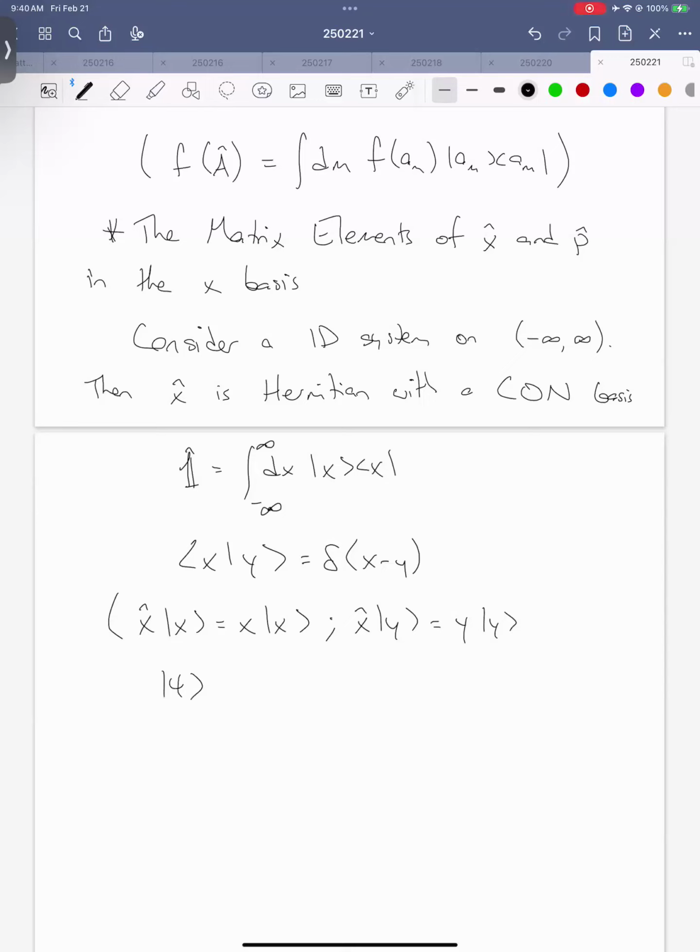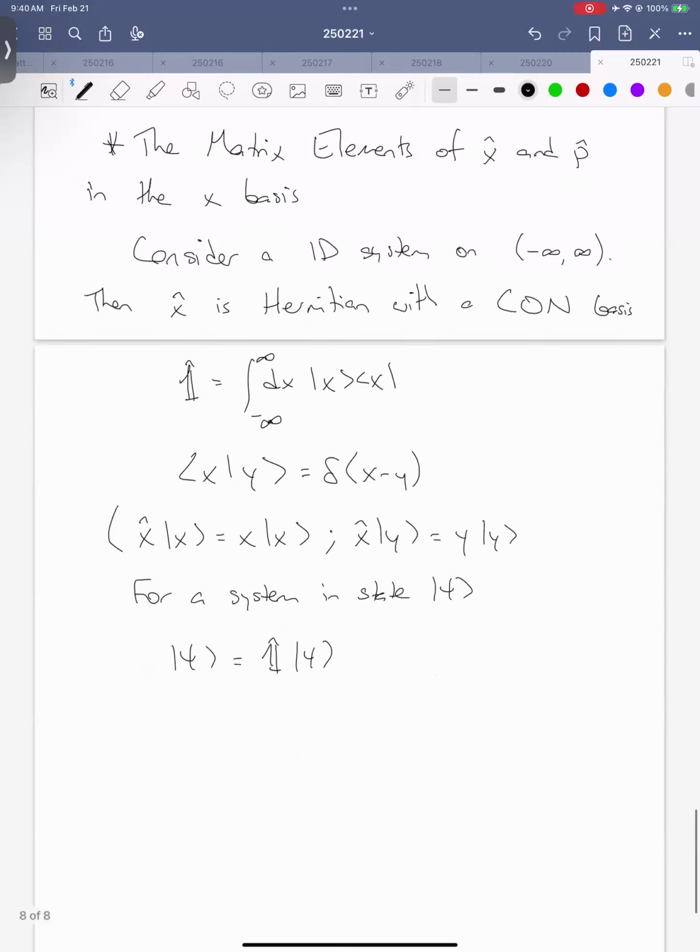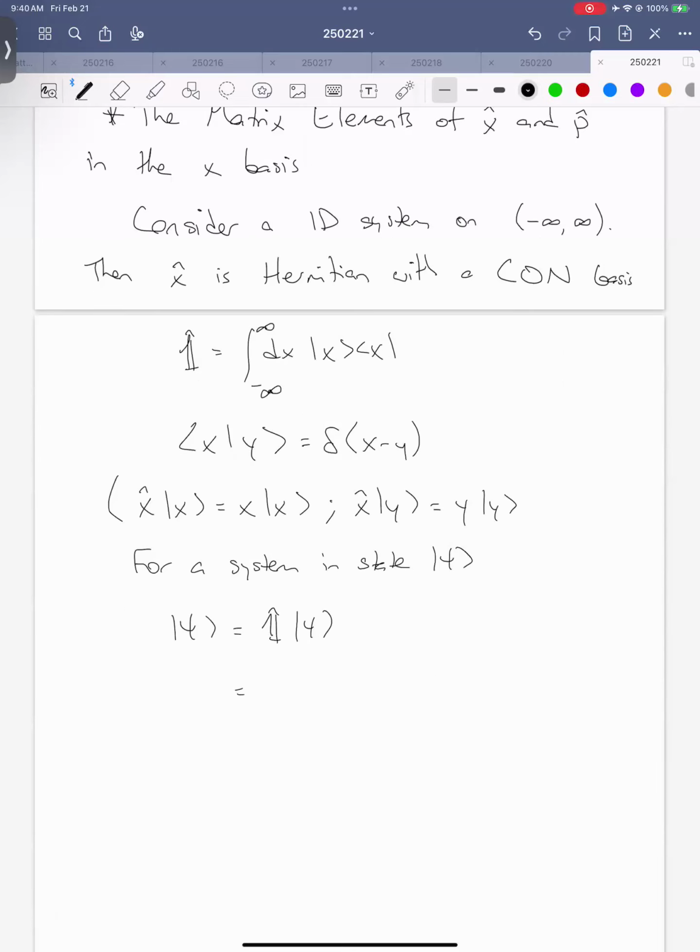So if I have a state psi, then we can always multiply by 1, or act with the 1 operator on the state. This is the integral dx, outer product of X with itself, on psi.